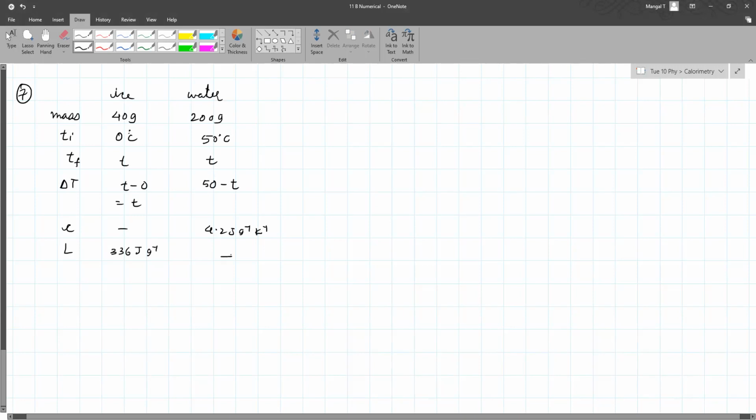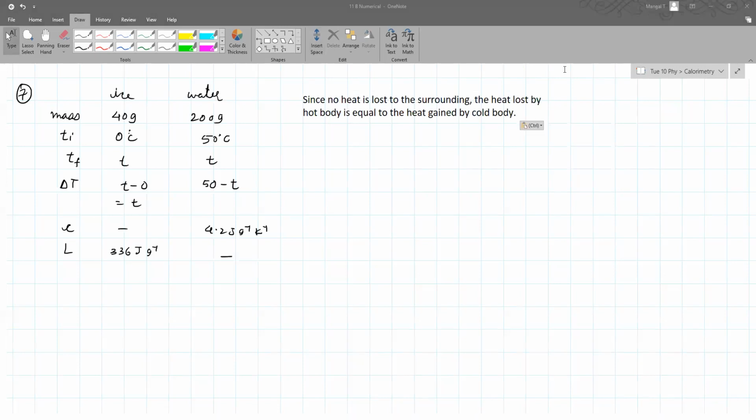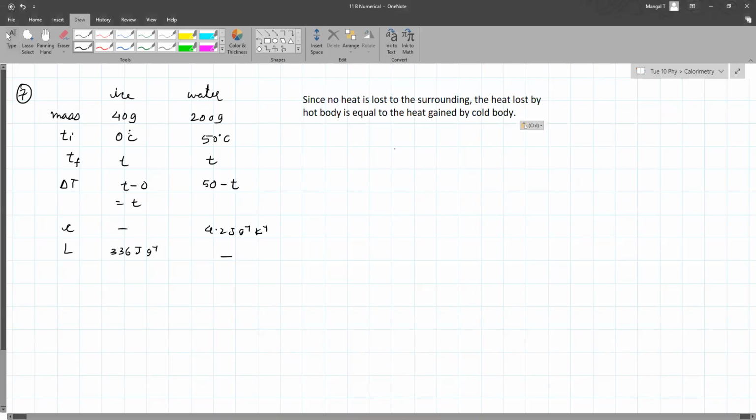We write down the statement that we had written earlier, that if no heat is lost to the surrounding, then heat lost by hot body is equal to the heat gained by the cold body, right? So that statement we will write. Now in this particular question, the hot body is water. So heat lost by hot body is M1 C1 delta T1. And heat gained by cold body is ice. Now, what is ice doing? First, it is melting, and then the temperature will rise.